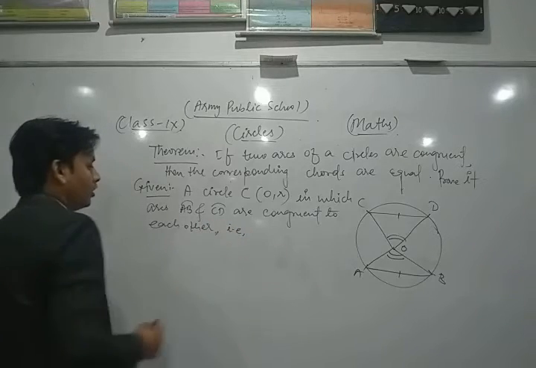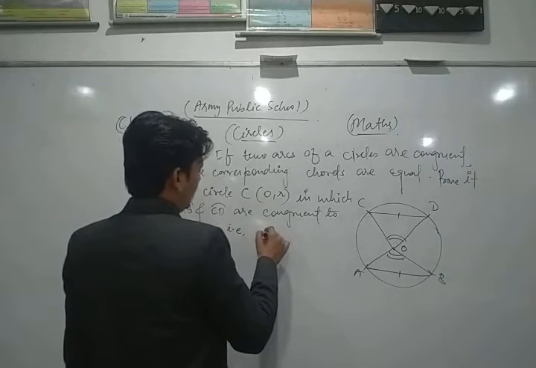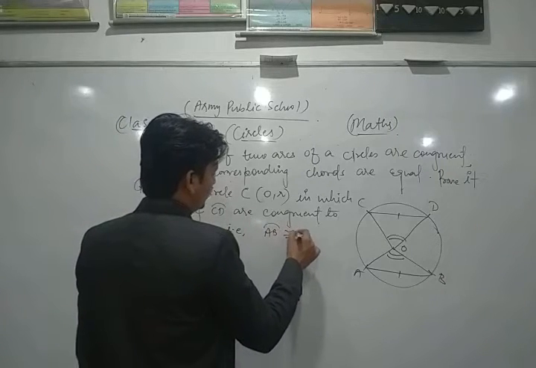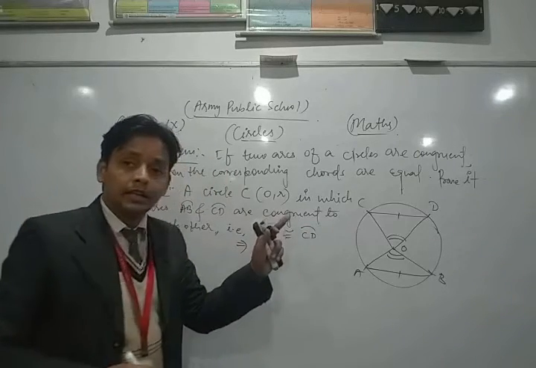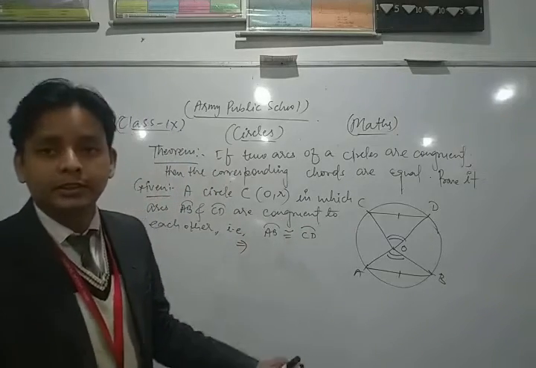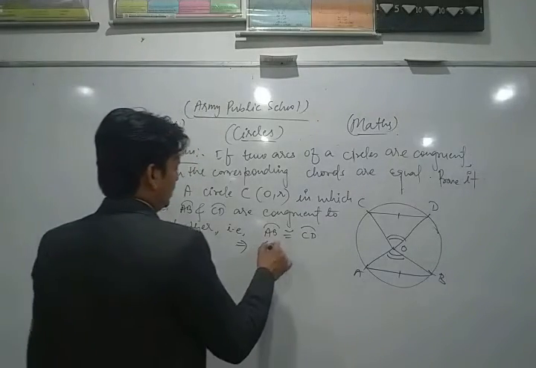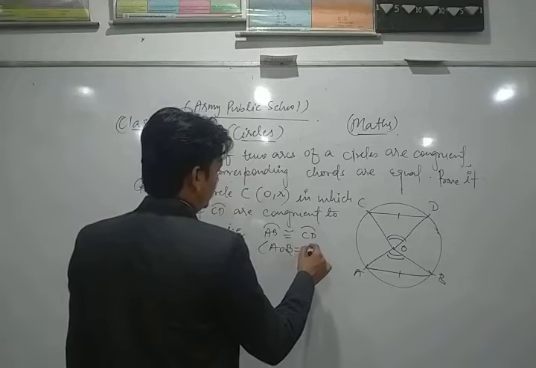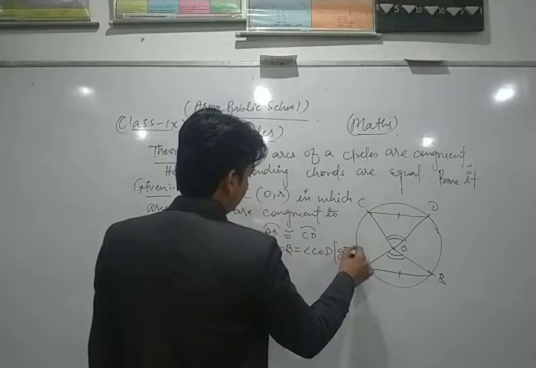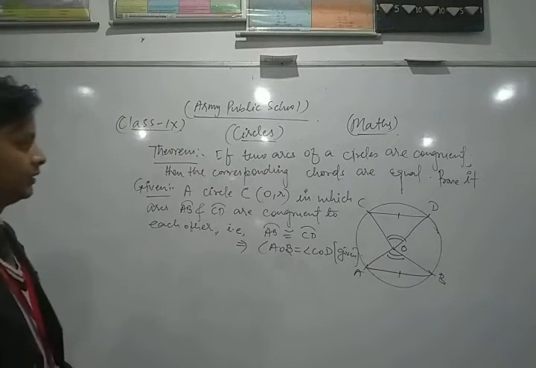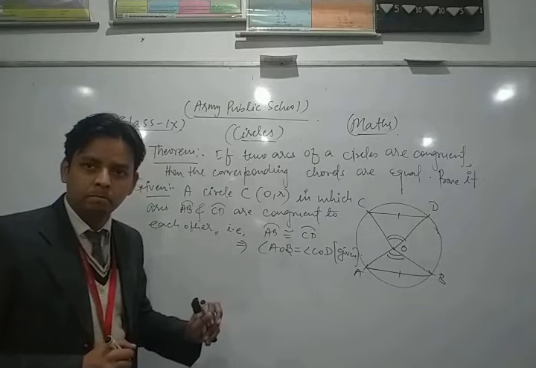Congruent to each other means what? Arc AB is congruent to arc CD. It means that both the arcs subtend equal angles at the center, that is, angle AOB is equal to angle COD. So we write these things in the given.